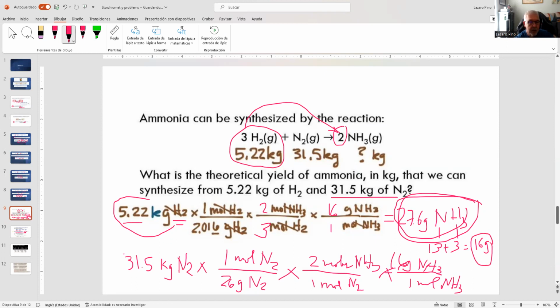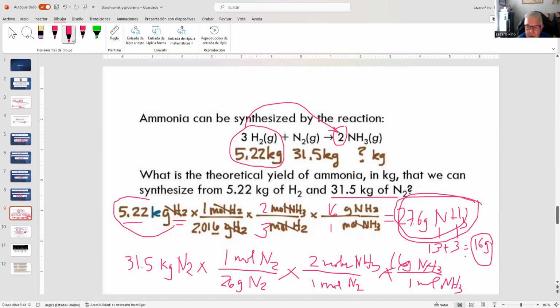So what you do? You multiply 31.5 kilograms of nitrogen by 2 moles of ammonia by 16 grams of ammonia, and then you divide it by 26 grams of nitrogen, and the answer is 38.8.